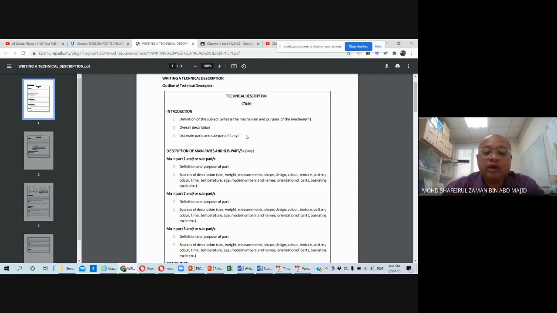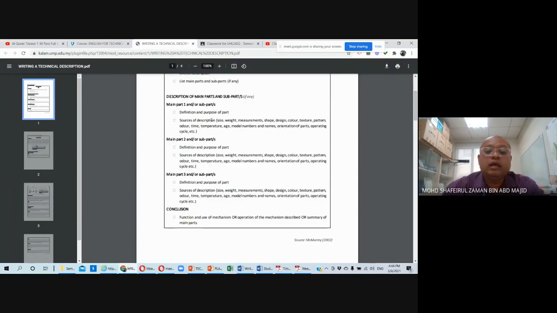In the introduction, what are the things that you need to include? And then given here an example, you need to describe three main parts or subparts. It is stated here, if any, meaning that if you couldn't find any subparts of the product, then it shouldn't be a problem, because each product must consist of a main part.